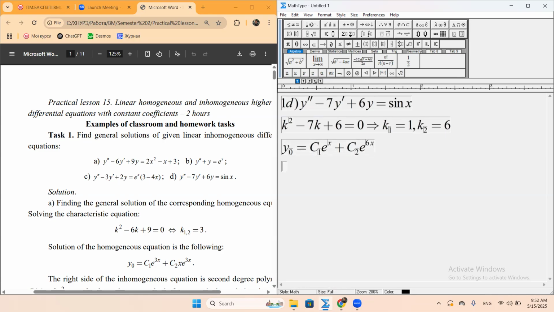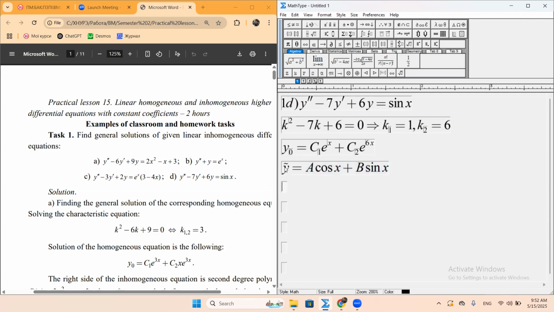And then what about the right part? The control number of the right part equals plus minus i, because we have sine here. So the partial solution will be found in the following form: A cosine of x plus B sine of x. We always need to find coefficients both for sine and for cosine.